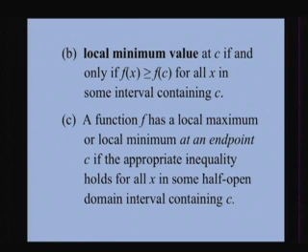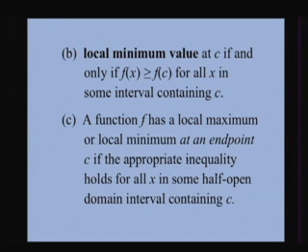And a function f has a local maximum or local minimum point at an endpoint c if the appropriate inequality holds for x in some half-open domain interval that contains c.